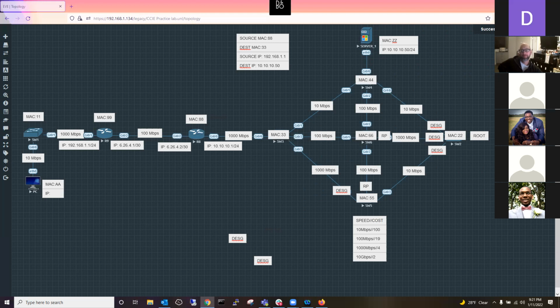Okay, so with that, Carlos, you've identified your root port. What's on the other side of your root port on switch 6? Designated port. I'm telling you it's a designated port. Yes.